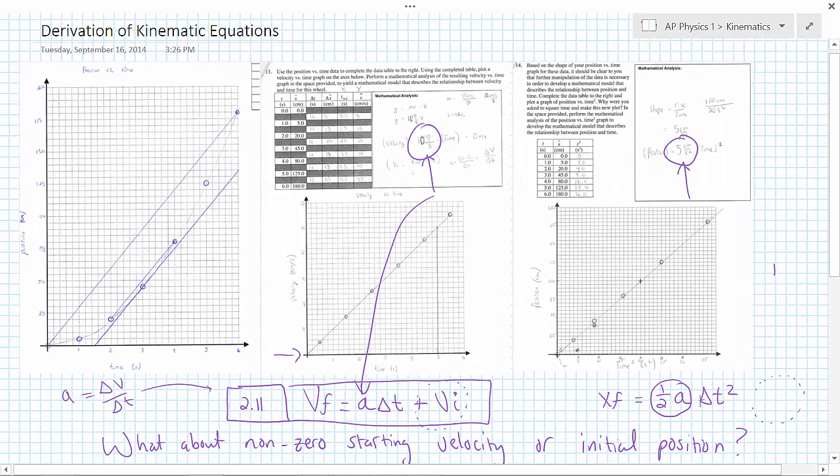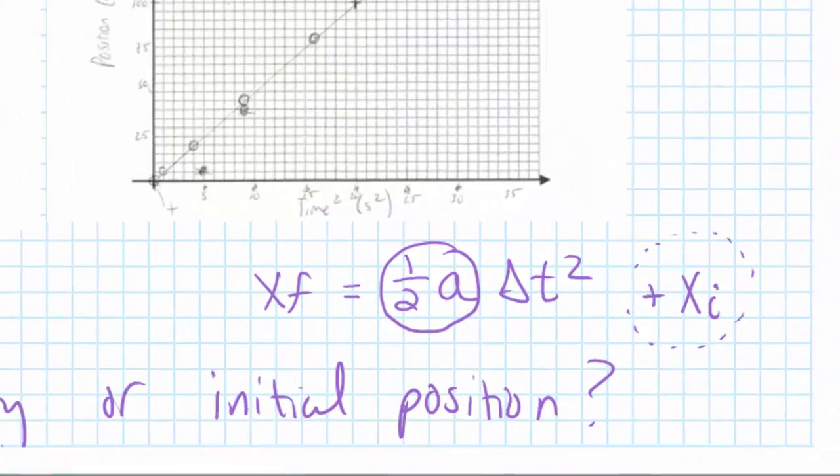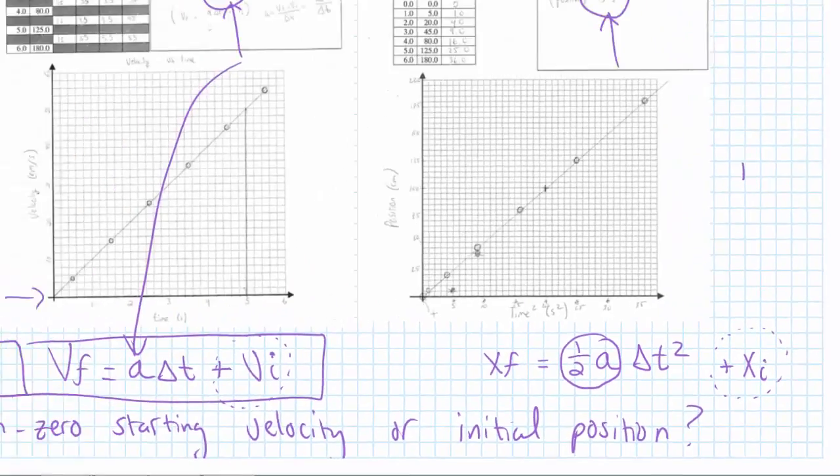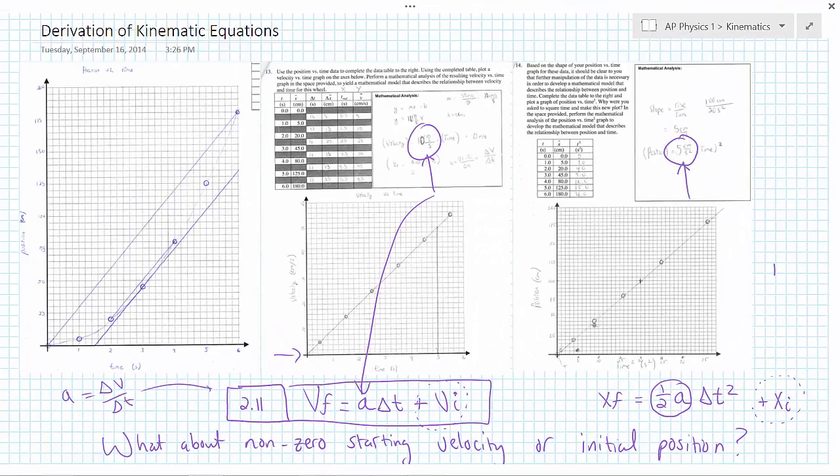Now, in this equation also, because there's a vertical intercept here, in this case it was 0, we didn't have another term. But you may also see that if there was an initial position, if it started out not from a 0 position, we would actually see that graph someplace else. So we're going to come back to that equation in a moment, relating those two things.